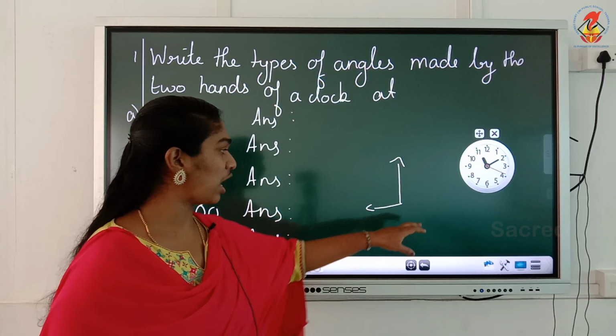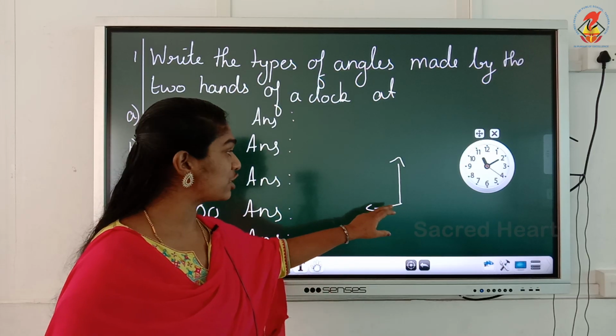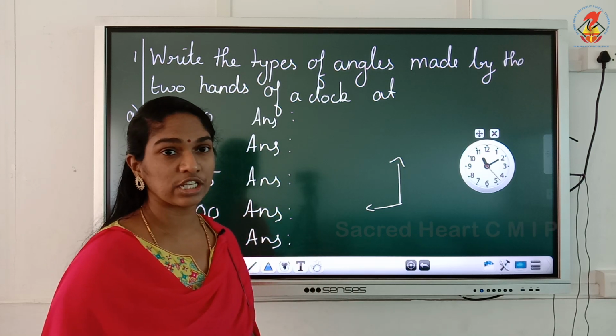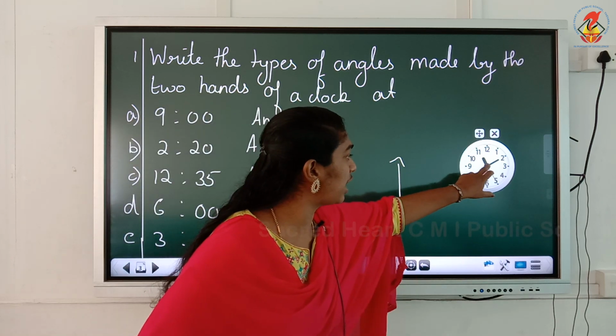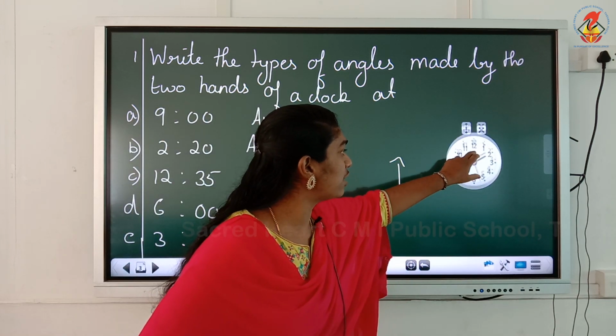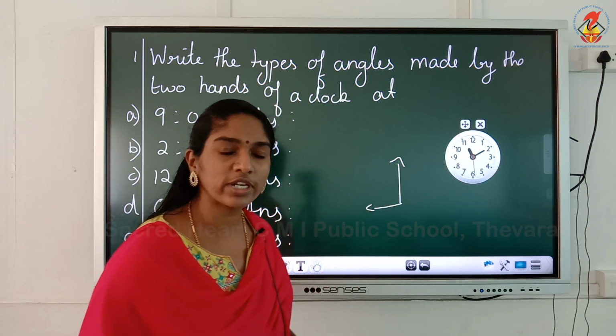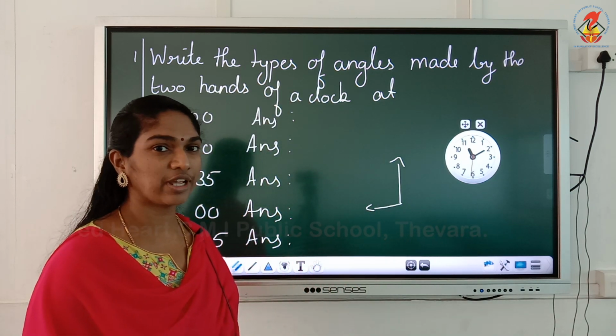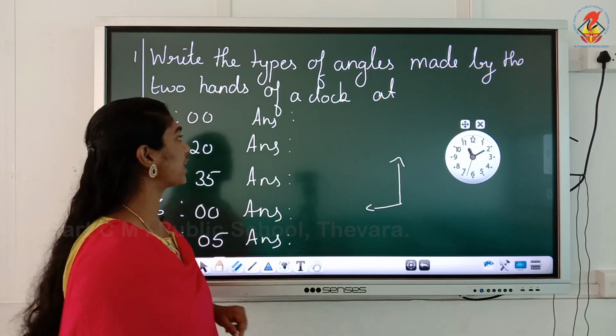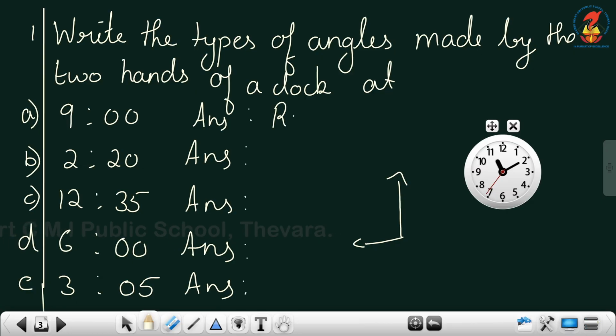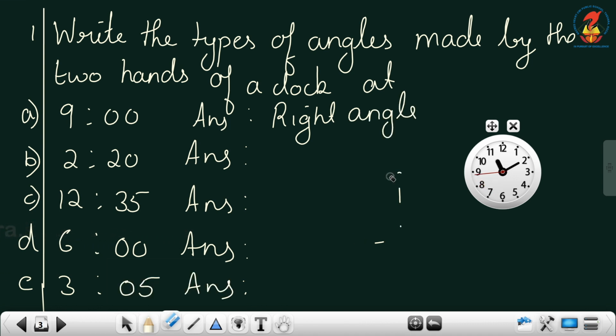Correct? So what type of an angle is that, children? It is a right angle. The angle formed at 9 o'clock is right angle.